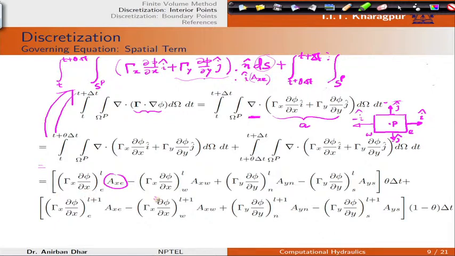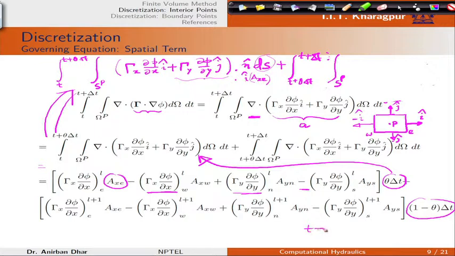Similarly, if we consider west face, this negative sign will be there, north face positive sign, and south face again negative sign, and this theta delta t is basically the value for this first integral, and 1 minus theta delta t, which is basically t plus delta t minus our t plus theta delta t. This is nothing but 1 minus theta delta t.